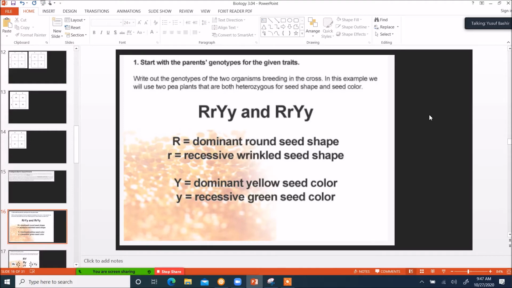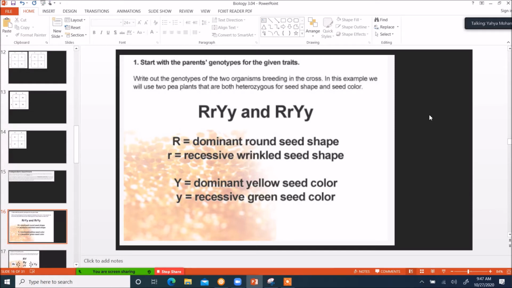All right. So let's talk about two different traits. We've been talking about just one trait at a time, like flower color, seed color, whatever it is. So let's look at two traits. One trait, let's say, is about seed shape, like capital R, lowercase r.